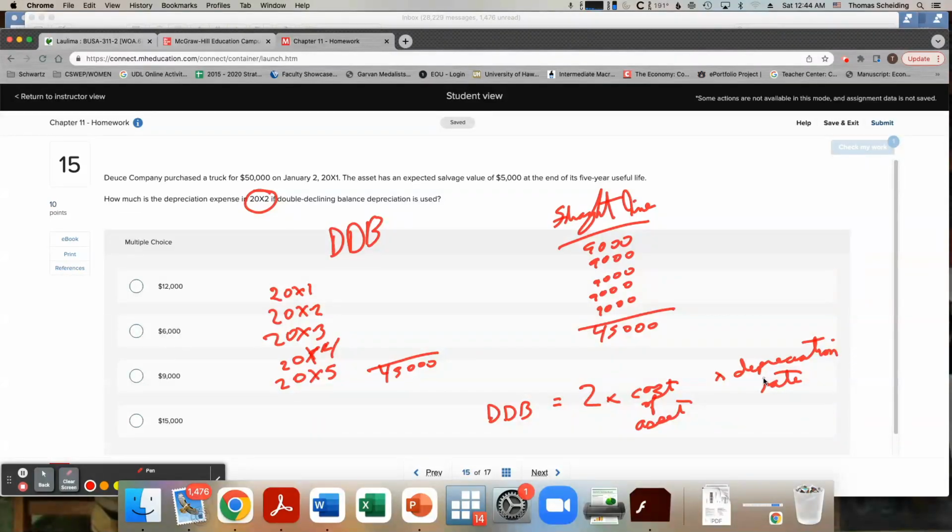So in this case, 50,000 times the rate, then the next year, and the next, and so on.